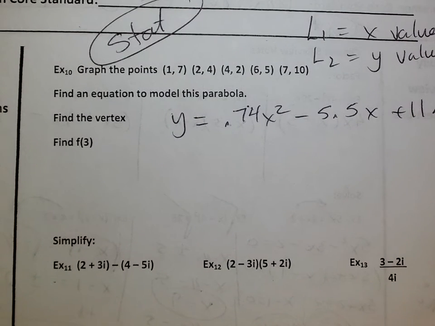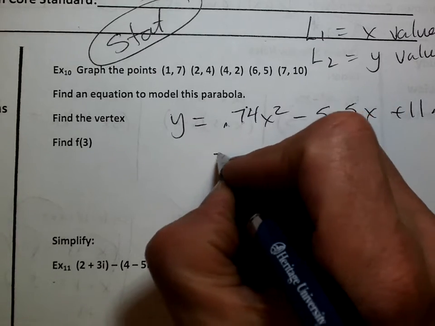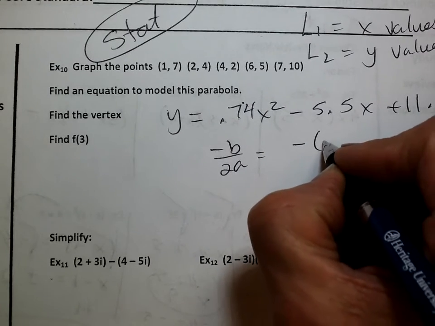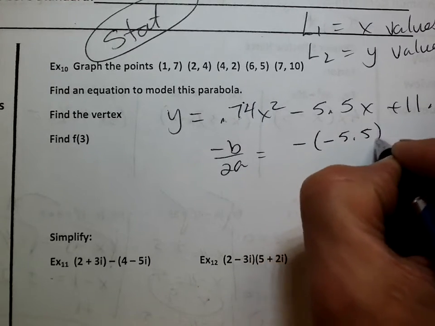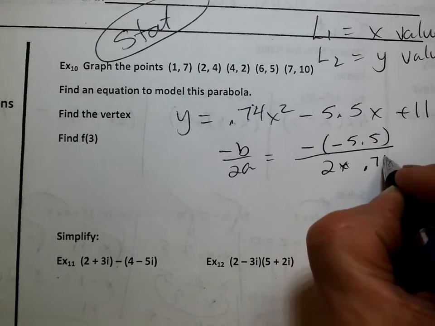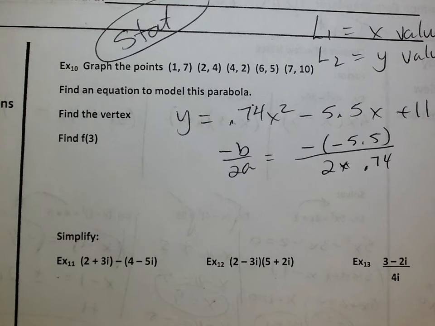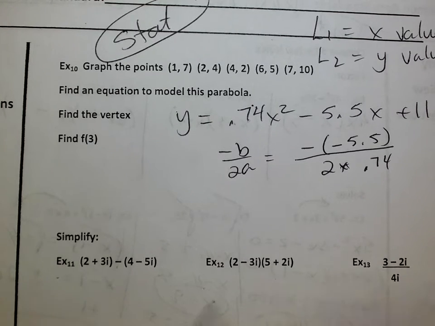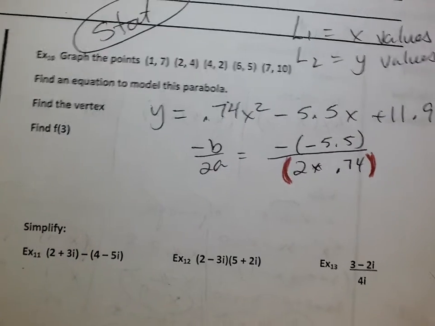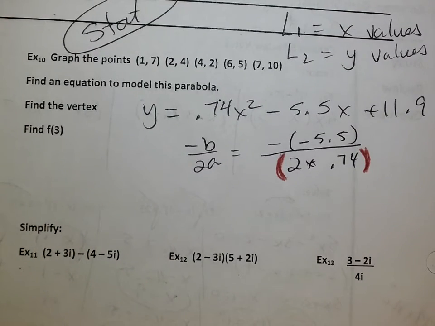Okay. Find the vertex, because it is a parabola. How do we find the vertex? Negative b over 2a. So it's going to be negative negative 5.5 over 2 times 0.74. Be very careful how you put it into the calculator. Let me put big, dark, ugly parentheses here, because you've got to make sure that both the 2 and the 0.74 are in the denominator.